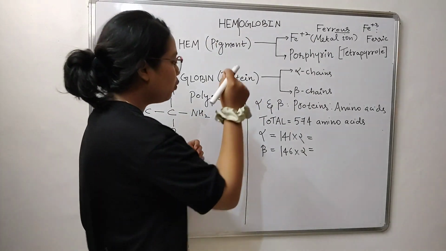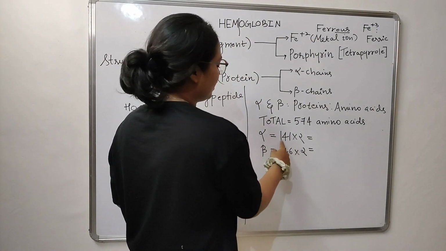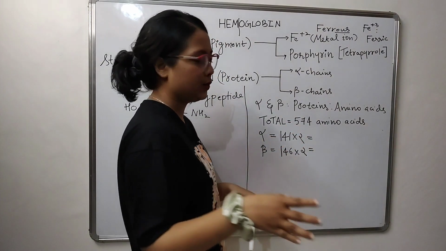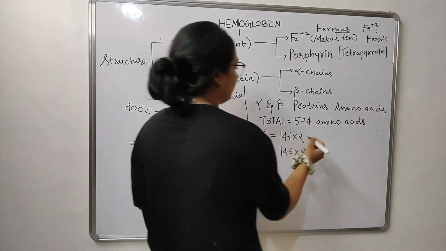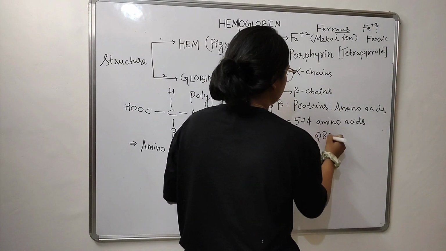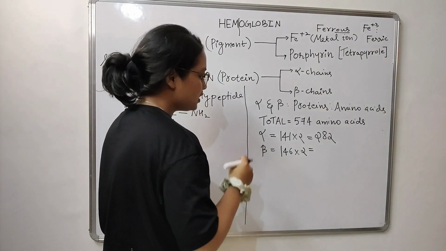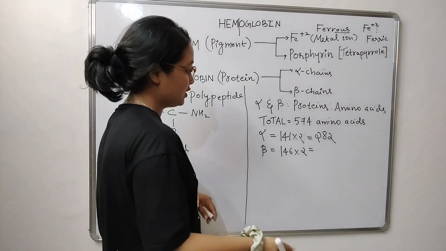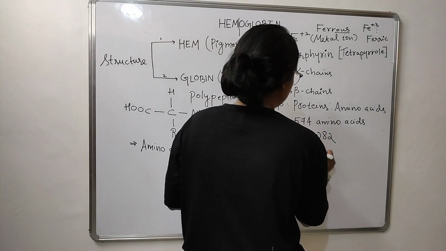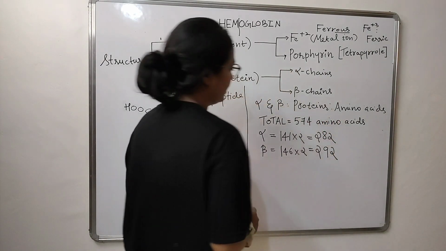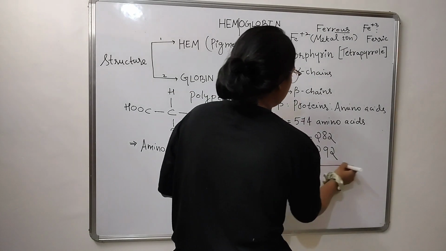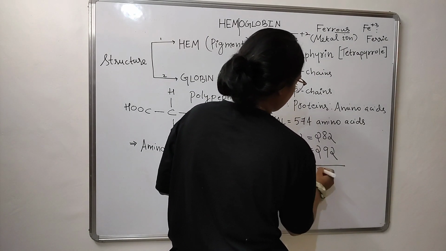One alpha chain consists of 141 amino acids. We have two of them, so that will become 282. Similarly, one beta chain consists of 146 amino acids. We have two of them, so that will become 292.